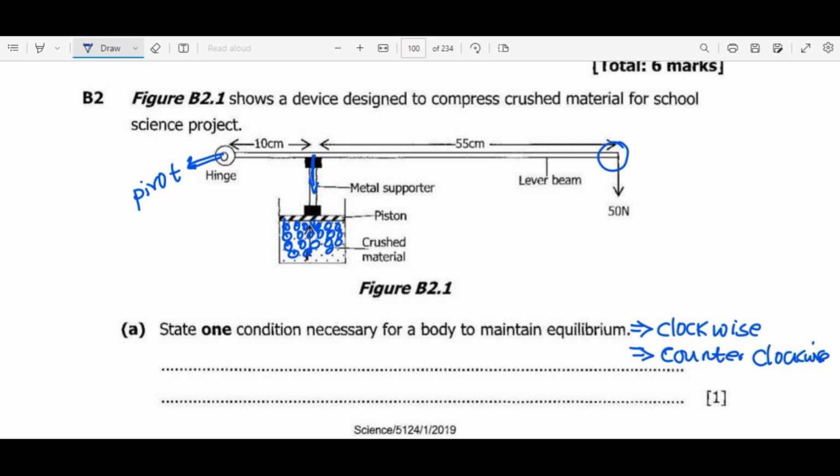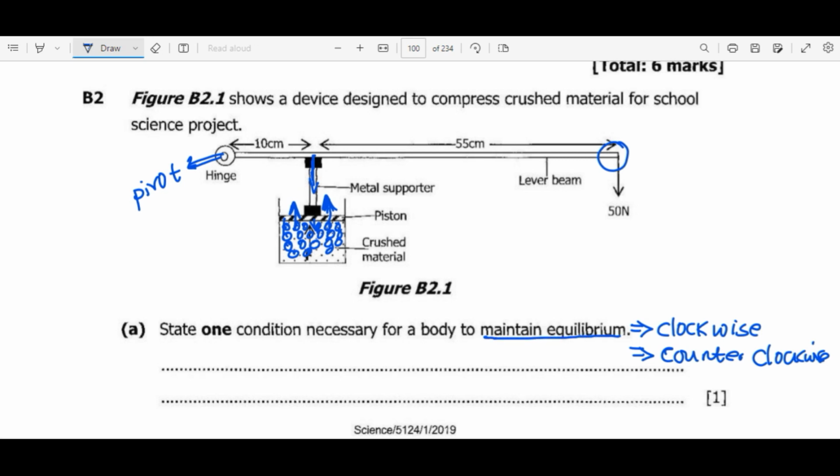Whenever the piston is not moving down, it simply means that the moment pushing up from the material you are trying to crush is equal to the moment that is pushing down. So for this case, we are expecting to have an equilibrium point. So this is what we call an equilibrium point.